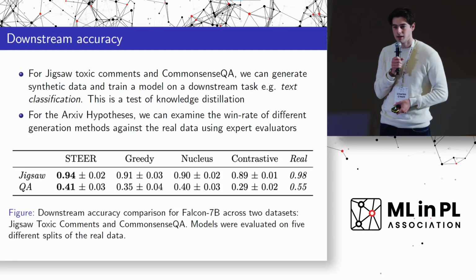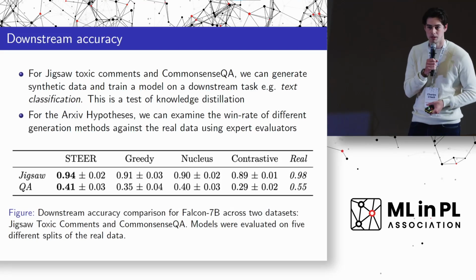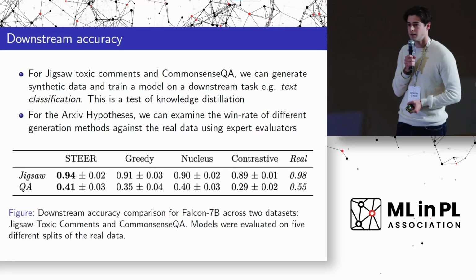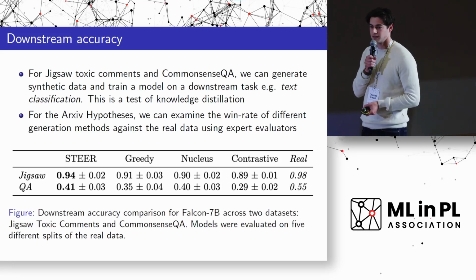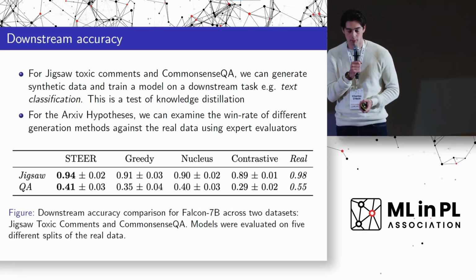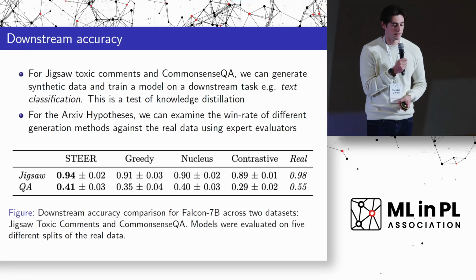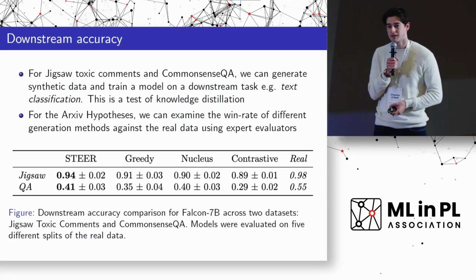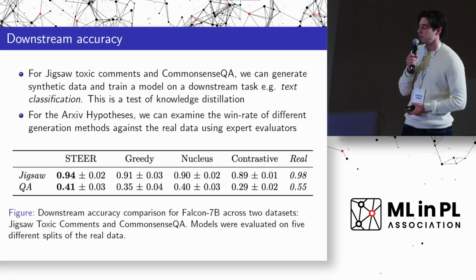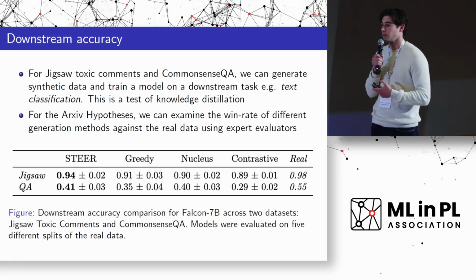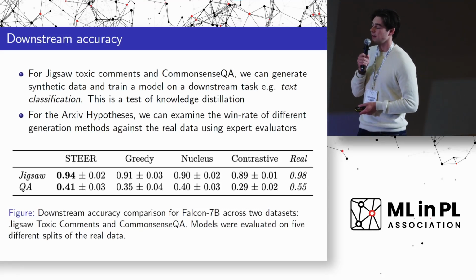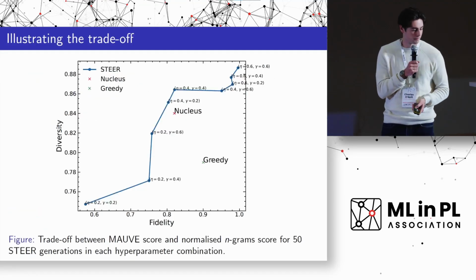We got 94% with STEER, which was significantly better than all other synthetic decoding methods. And same for the Q&A. We got significantly better results, around 6% in some cases, for a classifier trained on the synthetic data. So this is another probably key way to measure how good your synthetic data is.